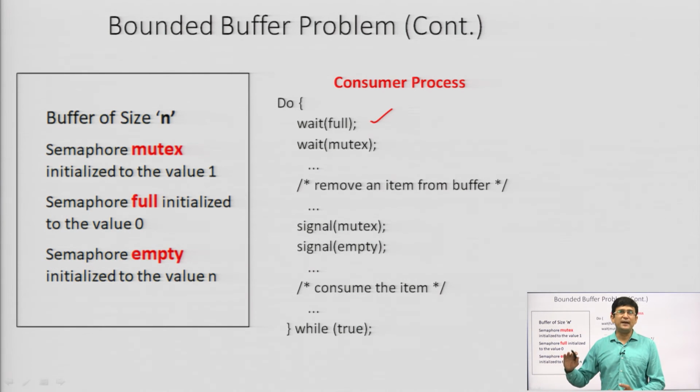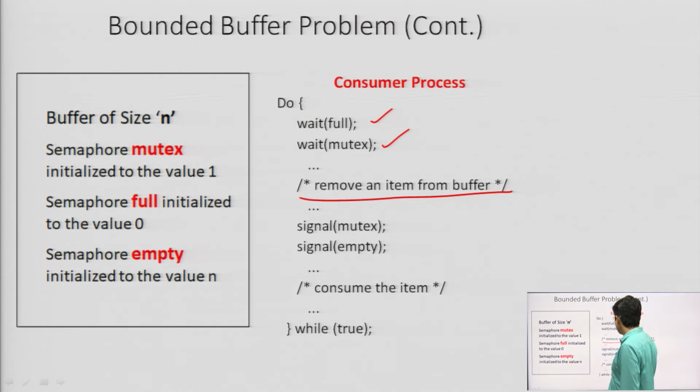If it is 0, do not consume, keep waiting. But if you have consumed an item, let us decrement it. If earlier 7 items were there and you are going to consume an item, the number of filled slots will reduce by 1 to 6. And now, the access to the critical section or the buffer has to be in a mutually exclusive way. Hence, we have applied a lock, mutex, consume the item from the buffer, remove the item from the buffer, and then the buffer's use has been completed. So, signal the mutex, so that the other process which is trying to access the critical section may do so.